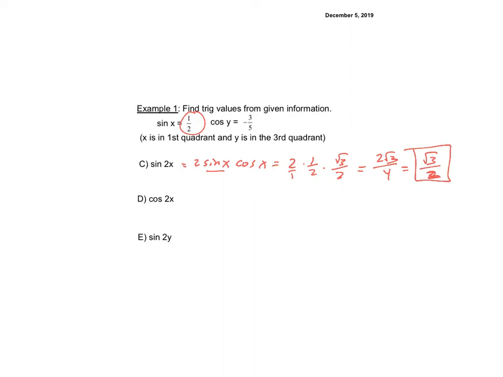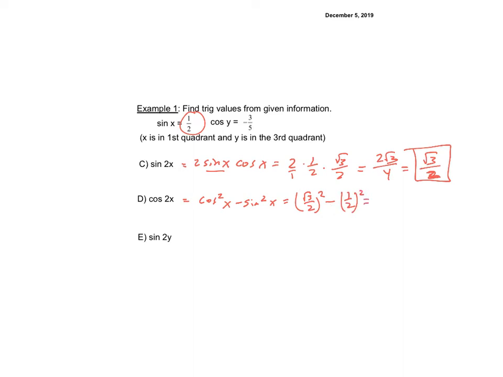Okay, cosine of 2x, you can decide whichever formula you want to use. There's 3 of them, you pick one. So I'm just going to pick cosine squared x minus sine squared x. So cosine x, we found that out to be the square root of 3 over 2 on the last page. Sine squared is 1/2.